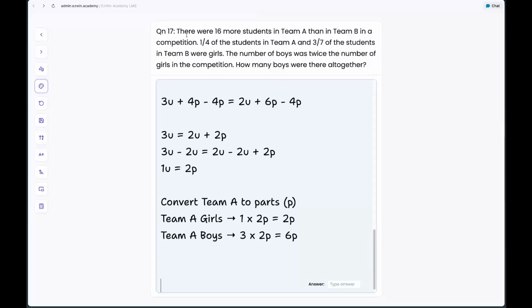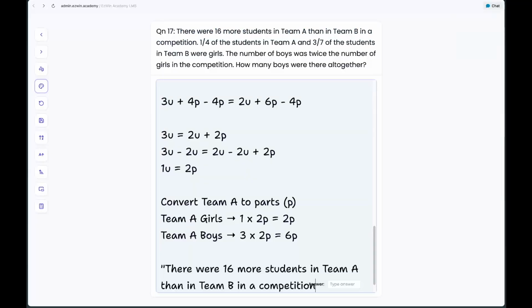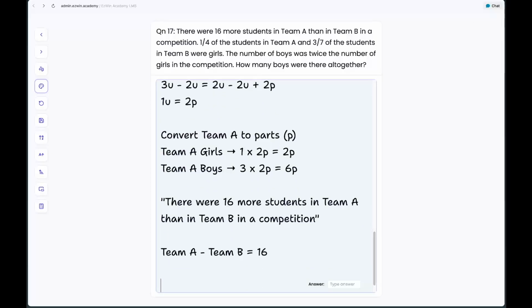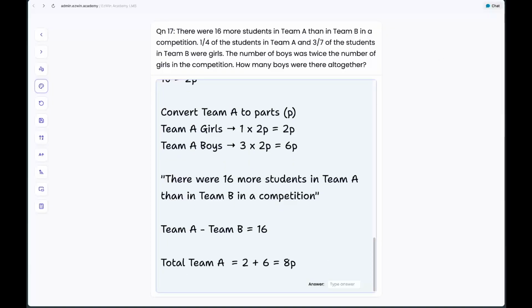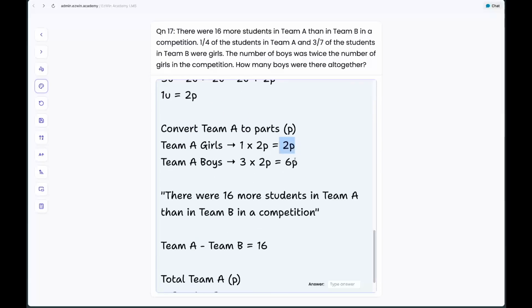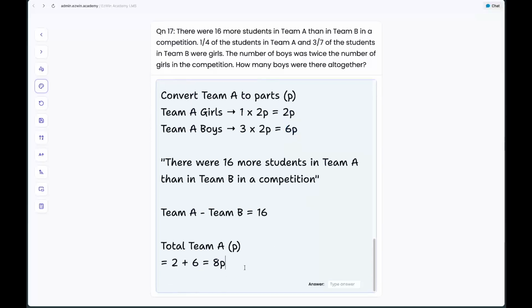Then from the question, it says here there were 16 more students in Team A than in Team B. So that means Team A minus Team B is equal to 16. So we can find the total number of parts in Team A. Total in Team A is equal to 2 plus 6, which is 8 parts.